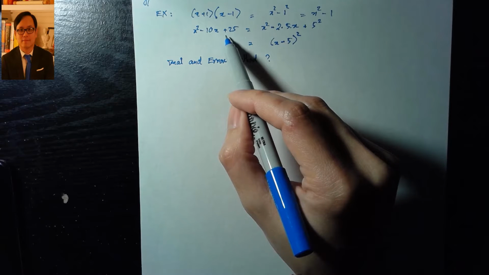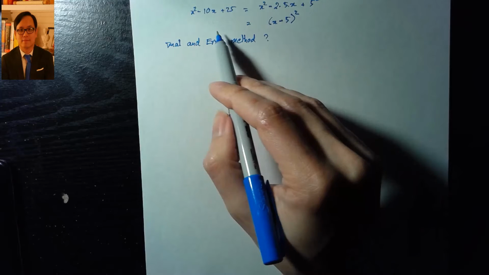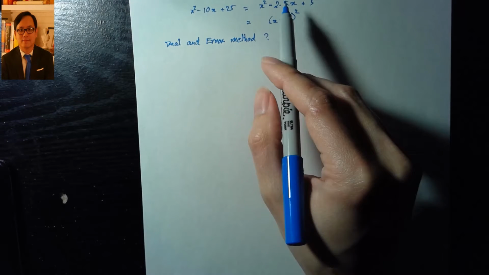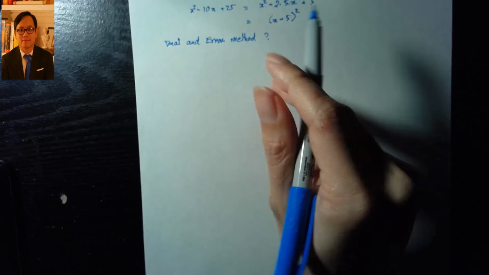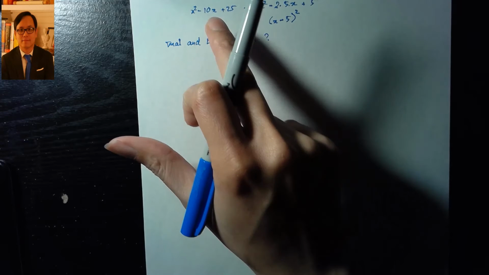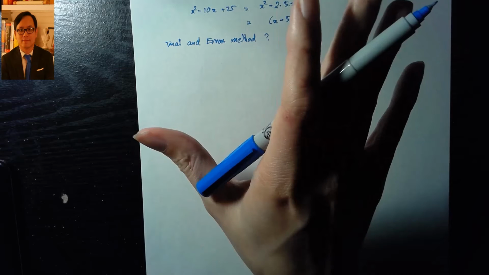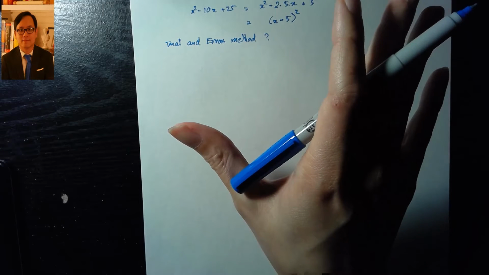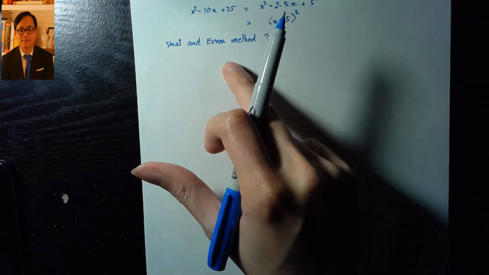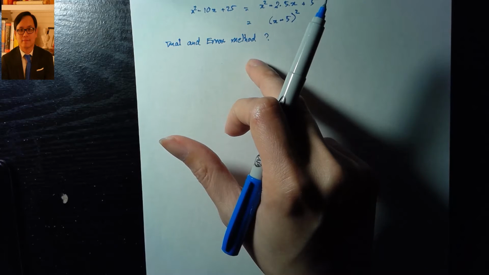There are 3 methods to do it, but I'm going to talk about this later when I do the second video on 6th grade and 7th grade mathematics, and see if they teach you how to factor trinomials with another method or not. I'm sure they show you how to factor a trinomial by grouping, okay? But by the trial and error method, I don't think they ever taught you in Vietnam.